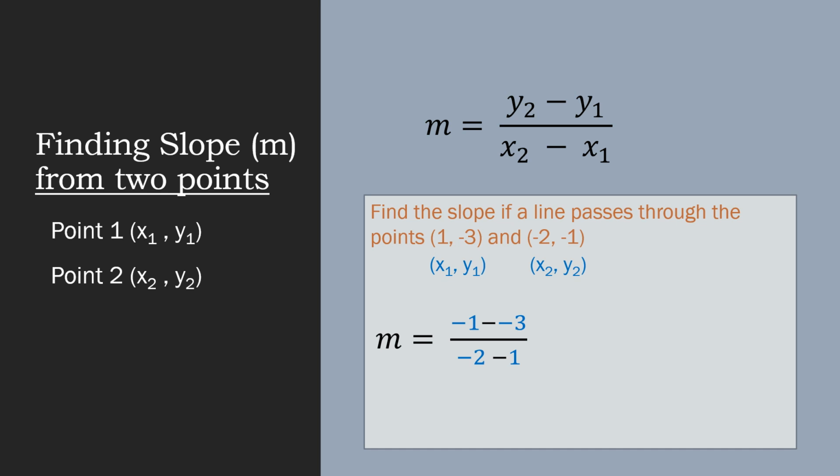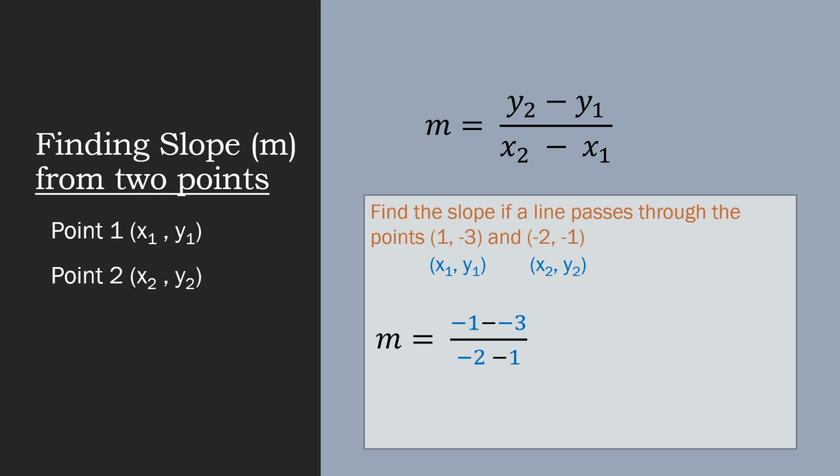So if we think about our equation, we're going to plug in y2, which is a -1, minus y1, which is a -3, over x2, which is a -2, minus x1, which is a +1. I just literally filled in the blanks and replaced them.